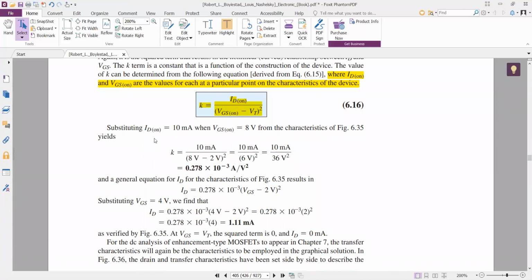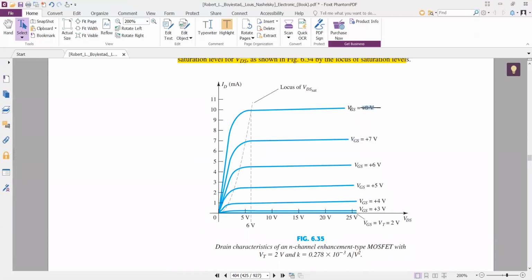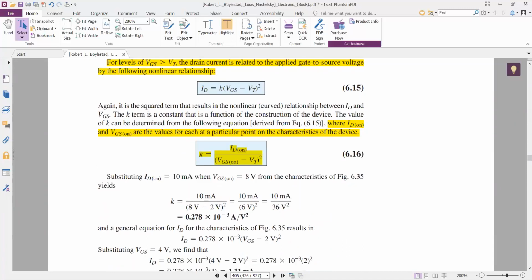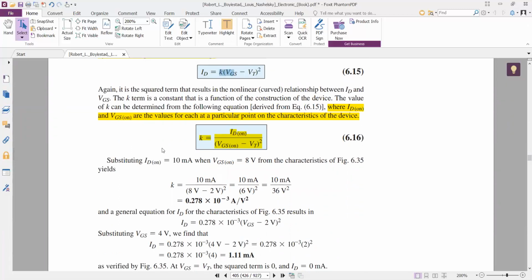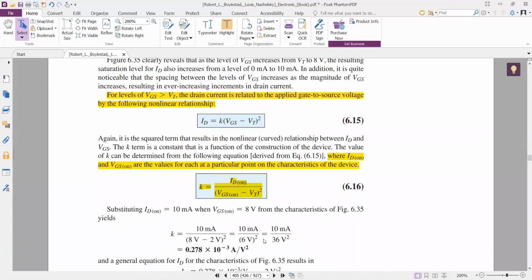So let's say ID on is equal to 10 milliampere and VGS on is equal to 8 for this characteristic we are talking about. Then the value of K can be found as this, and putting this value in this equation, the value of ID can be found as this. So in this way, for enhancement type MOSFET, we can find the value of drain to source current.